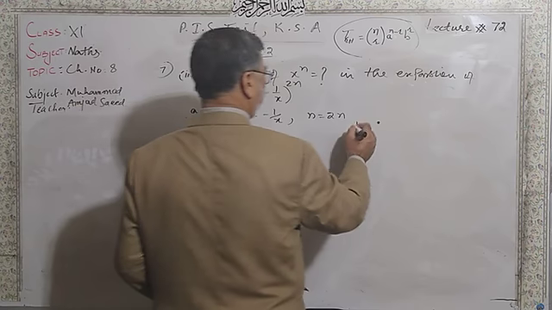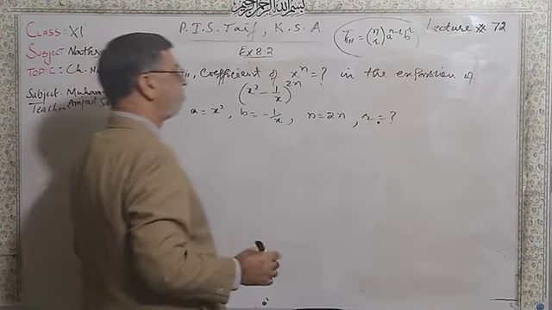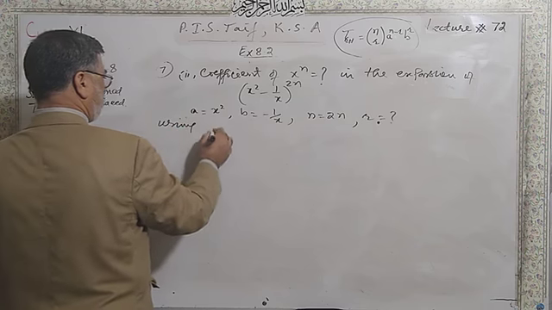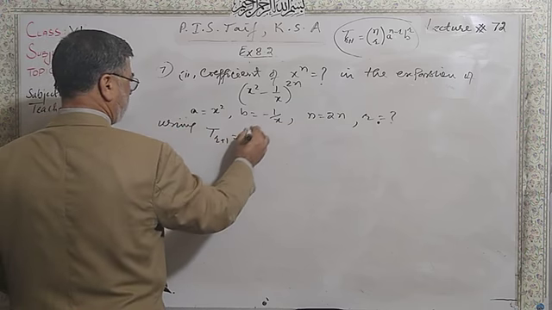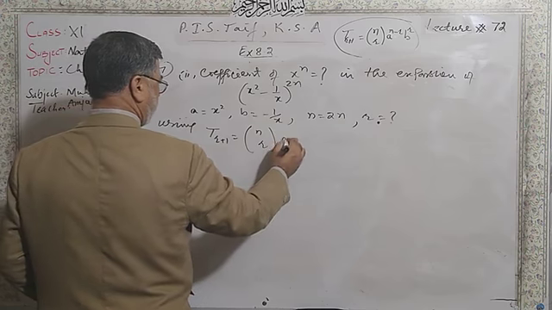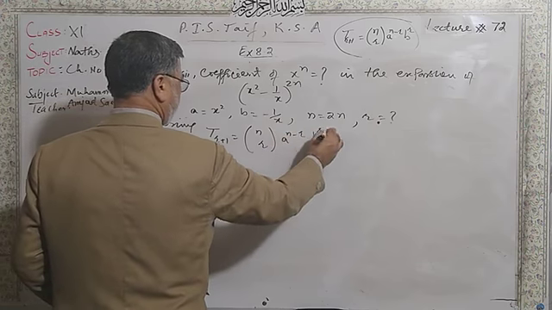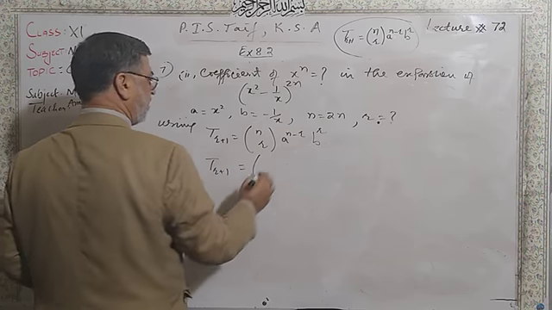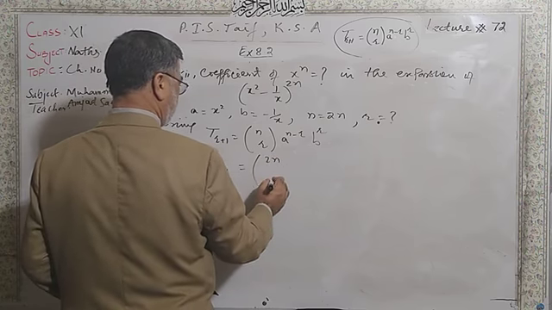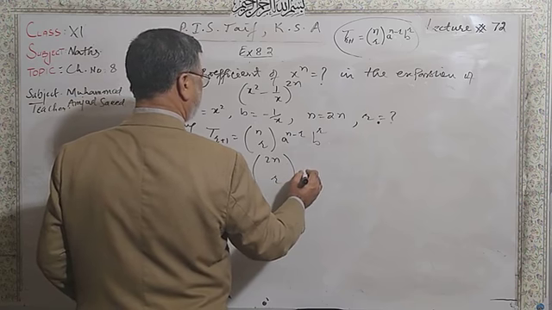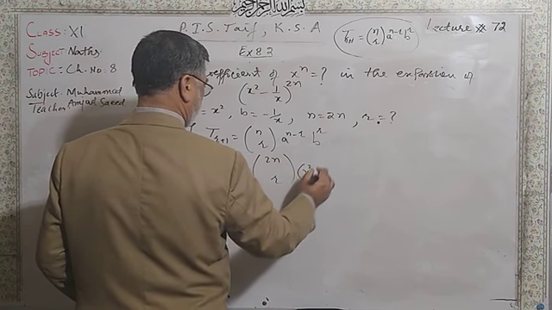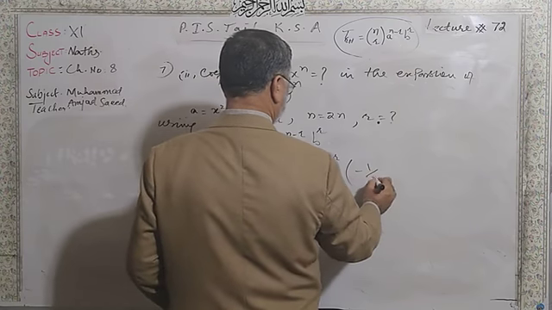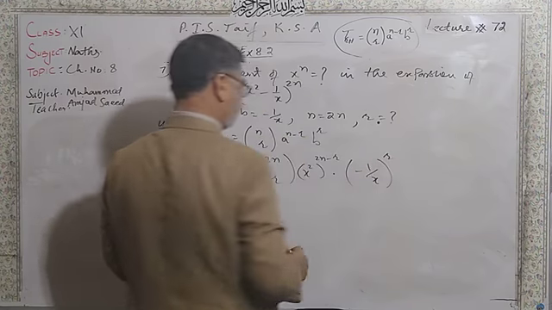Actually, we have to find the value of r using the general term formula T r plus 1 is equal to nCr a to the power n minus r b to the power r. T r plus 1, n is 2n, so 2nCr, a is x square whole power 2n minus r, b is minus 1 over x, power r.